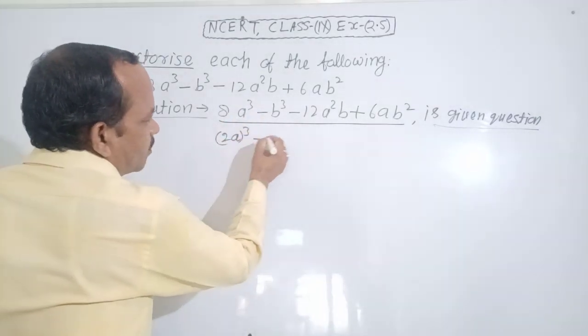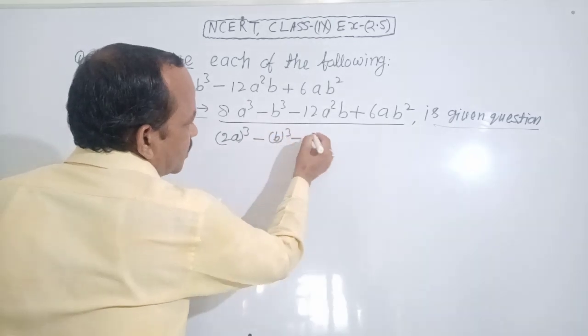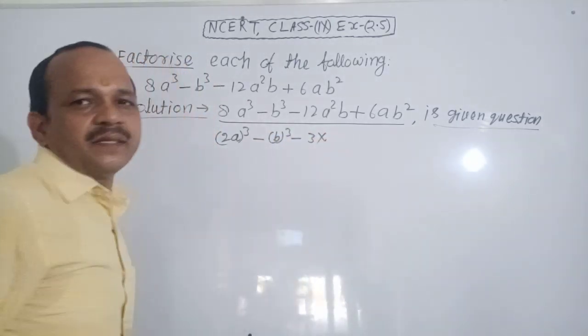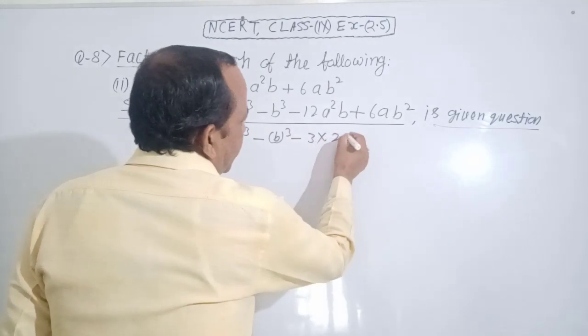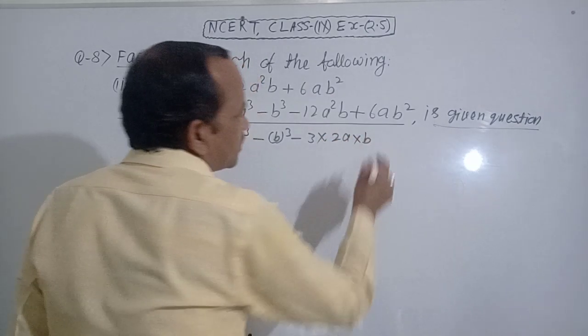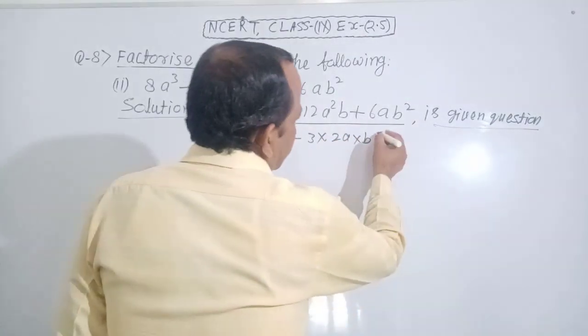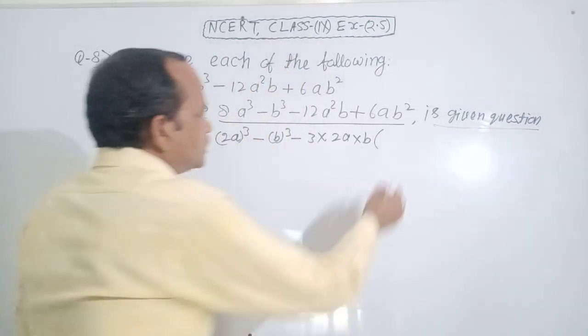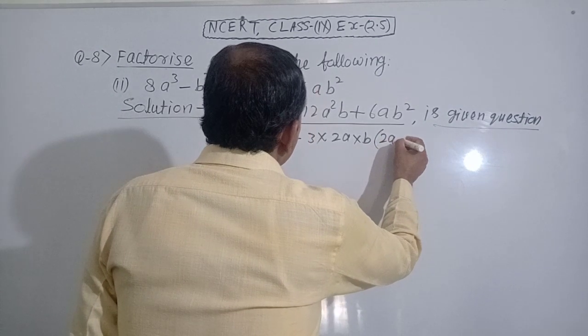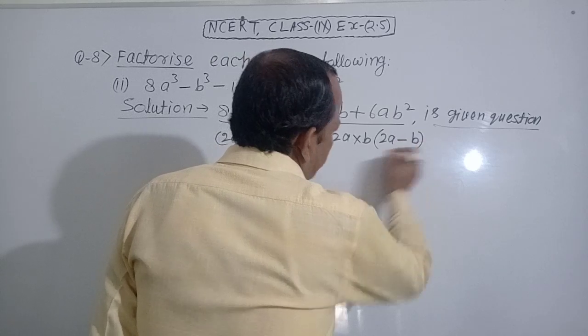You can write it as (2a) whole cube minus b whole cube minus 3 multiply 2a multiply b in brackets (2a minus b).